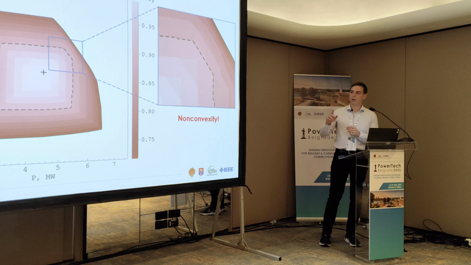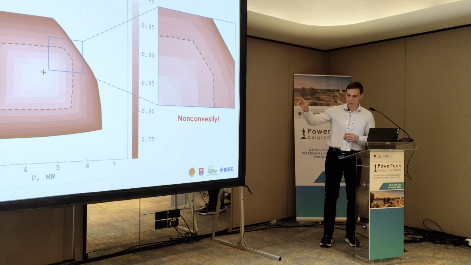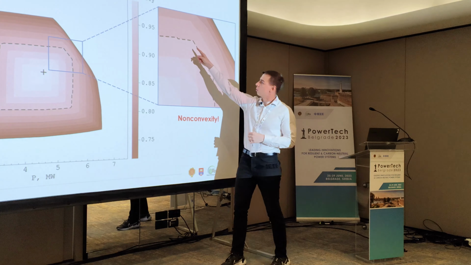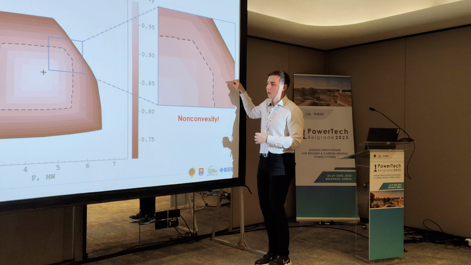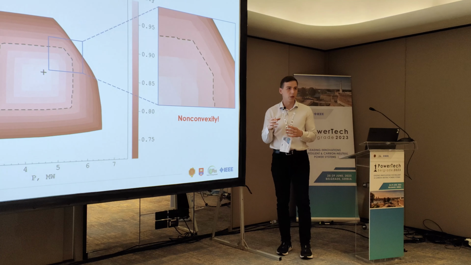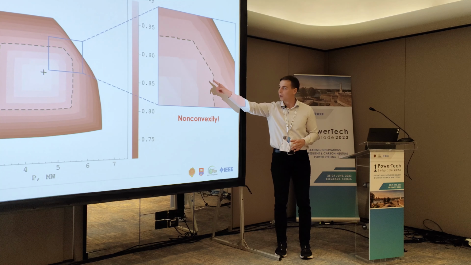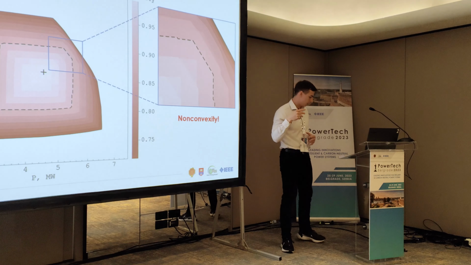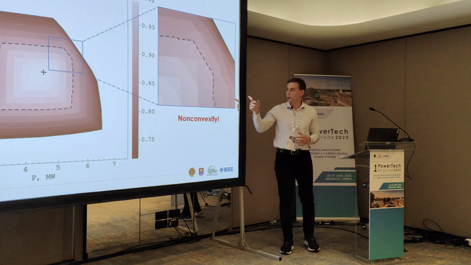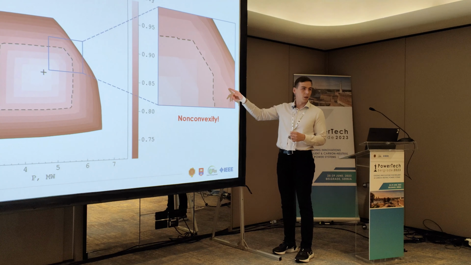Okay, thank you. This is not the best example of non-convexity. We accidentally found it here. But you can see that it's a little bit non-convex, like here, here. But imagine a case where we get more non-convexity. We get a huge curve here. And what if the distribution system operator works here, and then the next regime, next target is somewhere here?